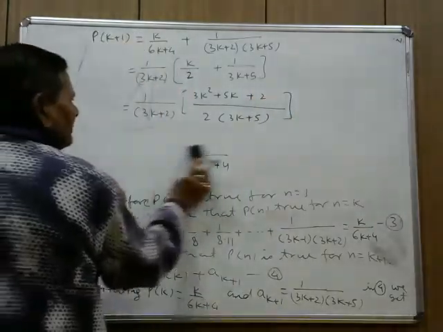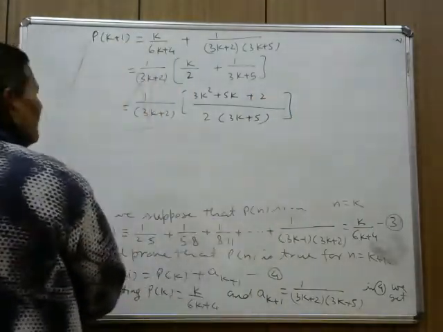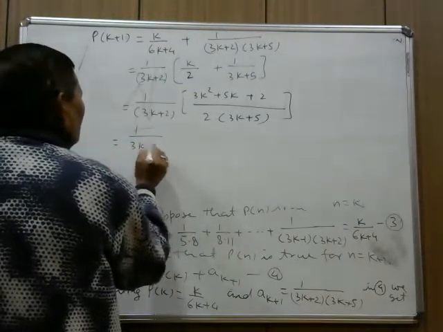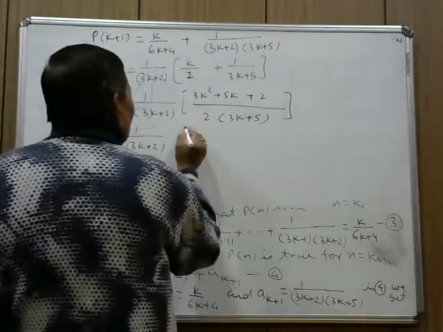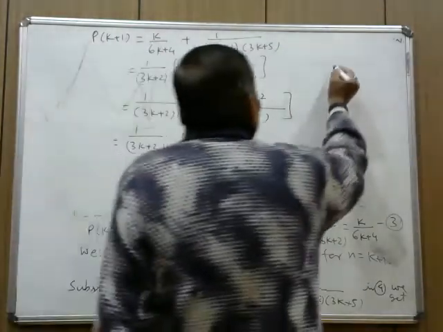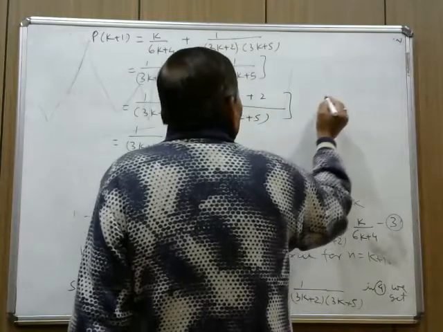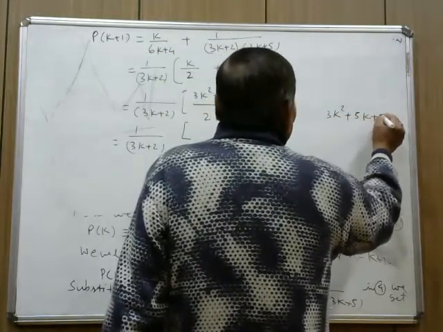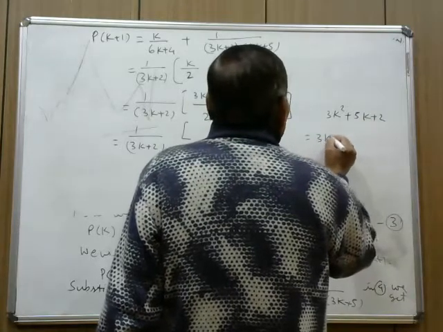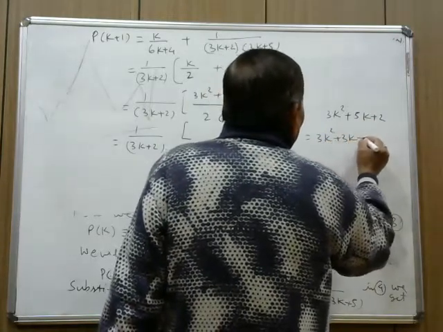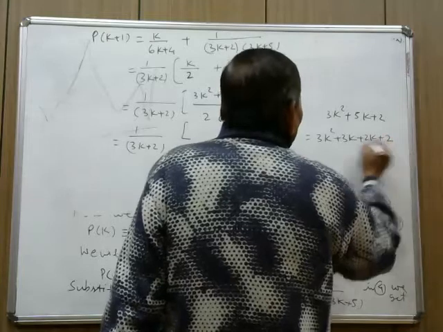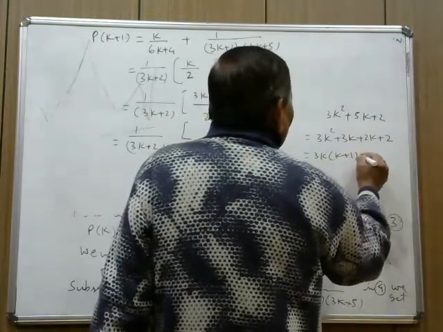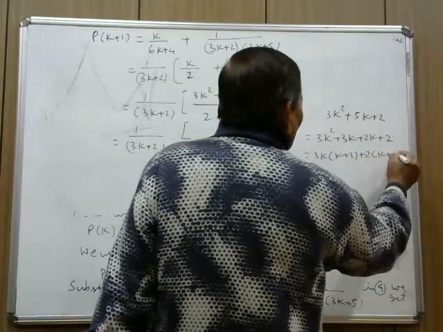Now you factorize. So this is equal to 1 upon 3k plus 2 in bracket 3k square plus 5k plus 2, equal to 3k square plus 3k plus 2k plus 2, that is 3k in the bracket k plus 1 plus 2 in the bracket k plus 1.